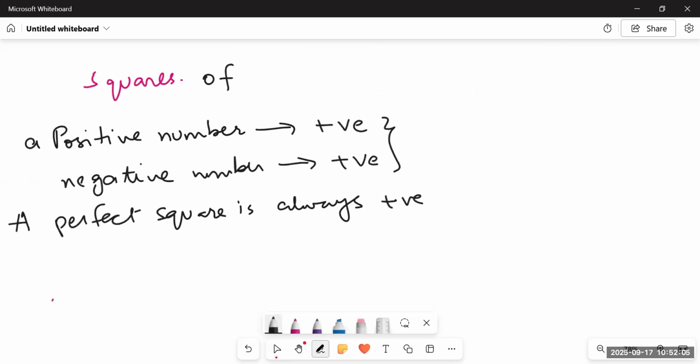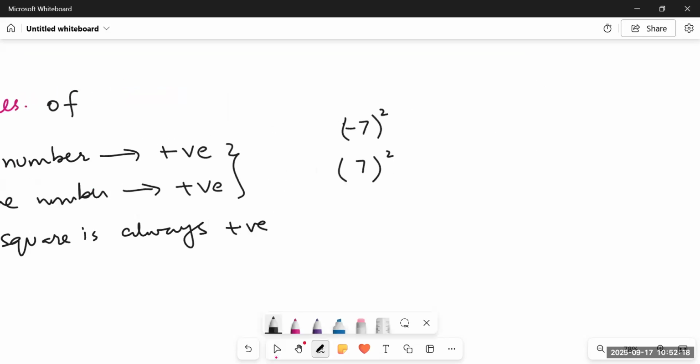So if we have a number like -7 or +7, when we square these numbers, what will happen? It means we have two negative numbers together. And we have already learned in previous classes that when we multiply two negative numbers, minus sign cuts the minus sign and we have a positive answer.